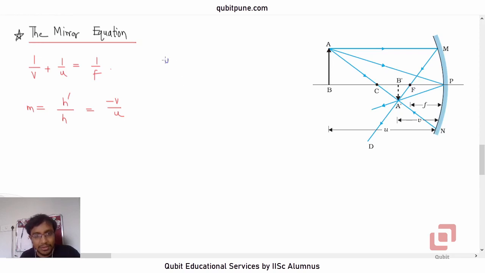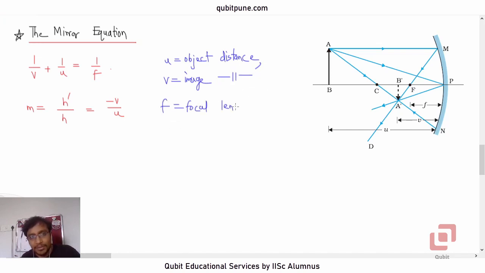U is the object distance to be substituted in the formula following the sign convention, and we know that U is always negative because we place the object always to the left of the mirror and the pole acts as the origin. V is the image distance. F is the focal length, distance between the focus and the pole. Then M is the magnification.